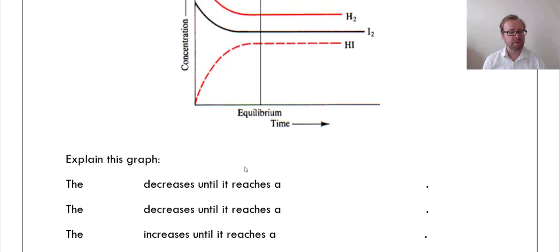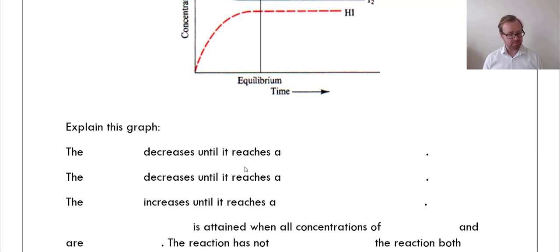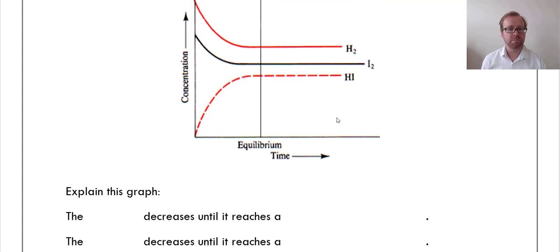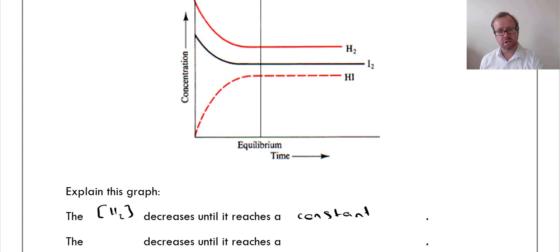Okay, how do we get on? Hopefully okay. So if we're going to explain this graph, we can say that the concentration, we'll start with hydrogen, decreases until it reaches a constant. We can see that here. As the reaction continues, we're going from a higher concentration to a lower concentration and then a constant concentration.